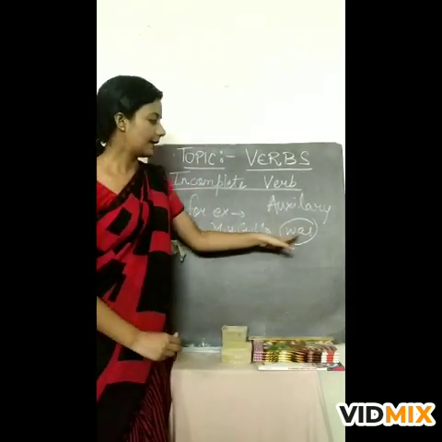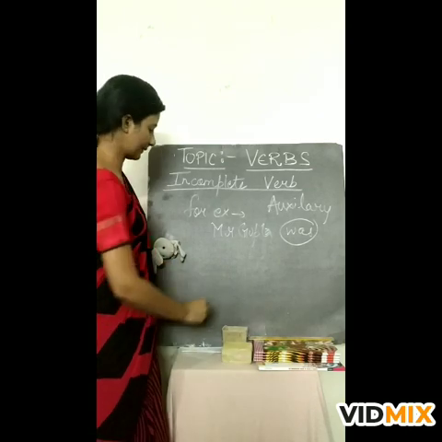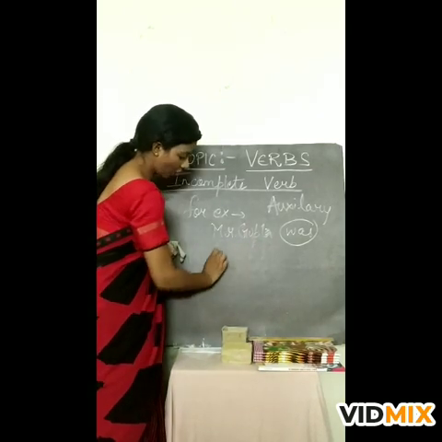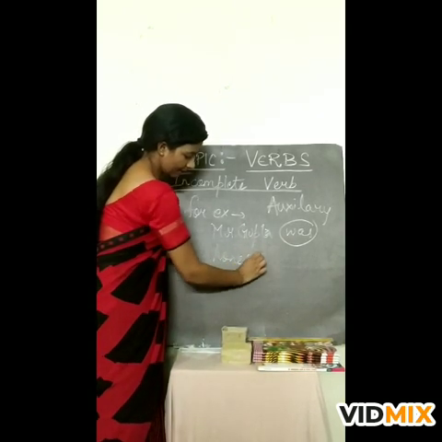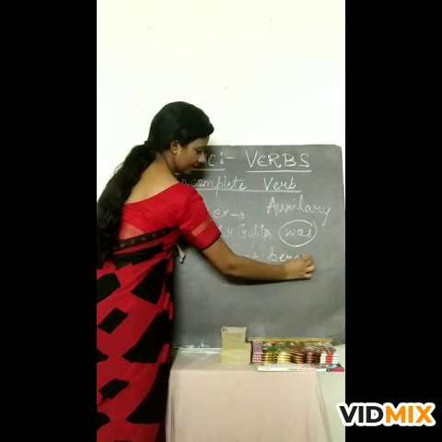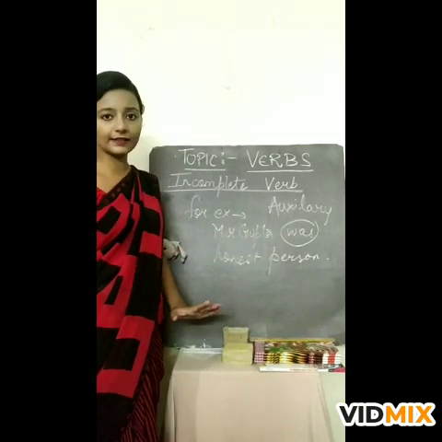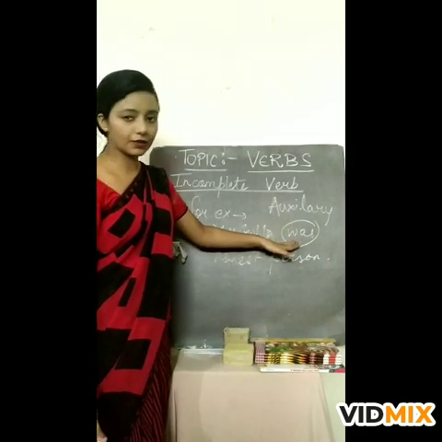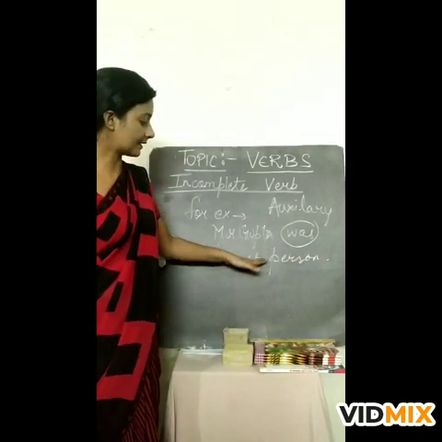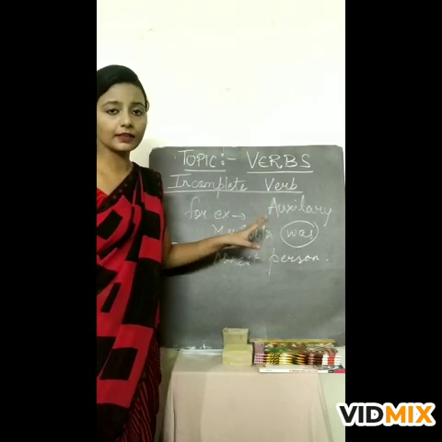And if I add something to this, Mr. Gupta was an honest person. Now students, this sentence is making a complete sense. By using this auxiliary verb, this sentence is making a complete sense.